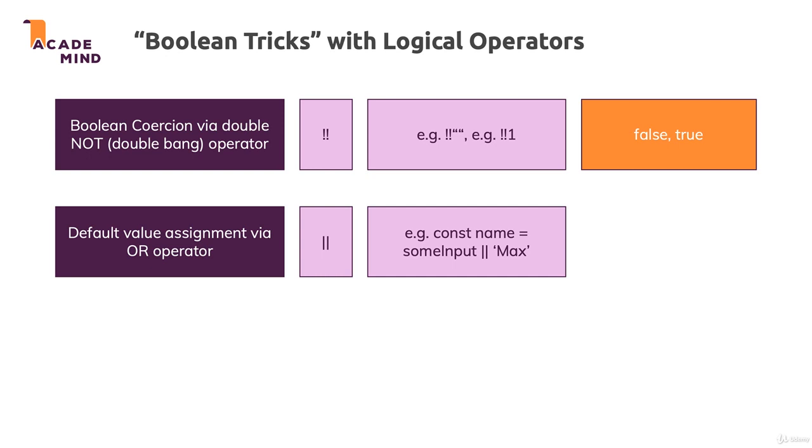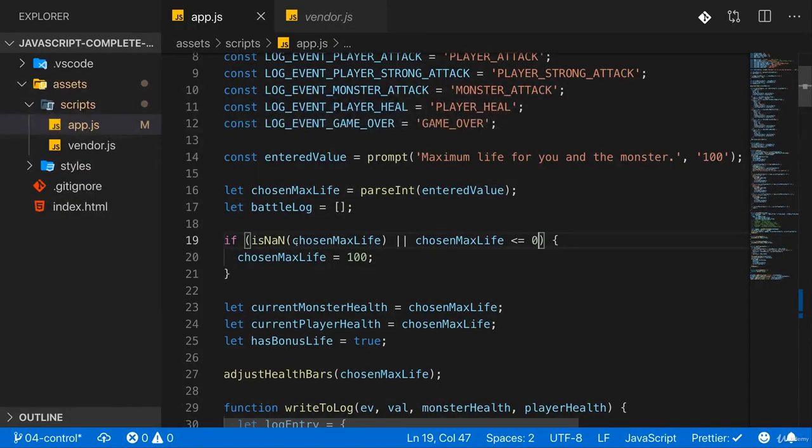Now, if you're working with two strings like you're doing it here with some input and Max, and I'm assuming that some input also holds a string, what happens here actually is that OR will return the first truthy value without converting it to a real boolean. So it will keep the original value and return that. And in our other comparisons, like this here, for example, that generates a real boolean.